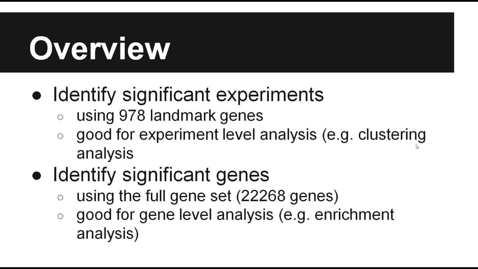Our method consists of two parts. The first part is to identify significant experiments, the experiments which are significantly different from controls. The second part is to identify significant genes, the genes that are most differentially expressed compared to control.